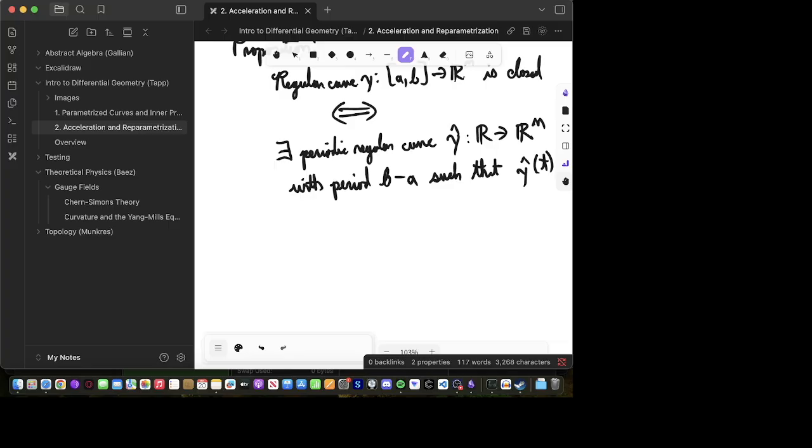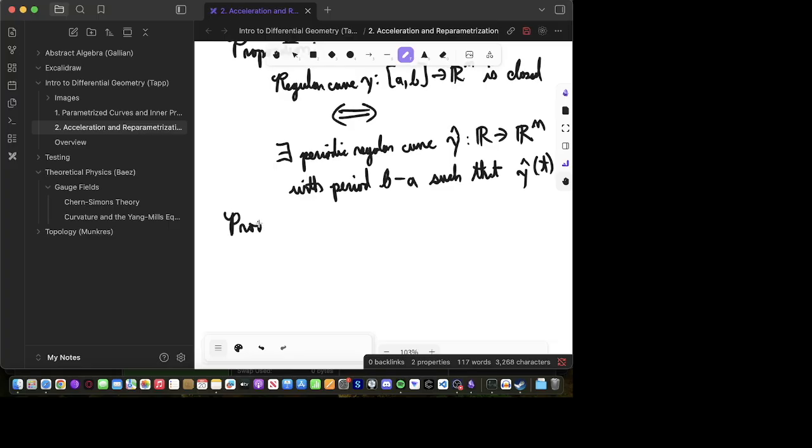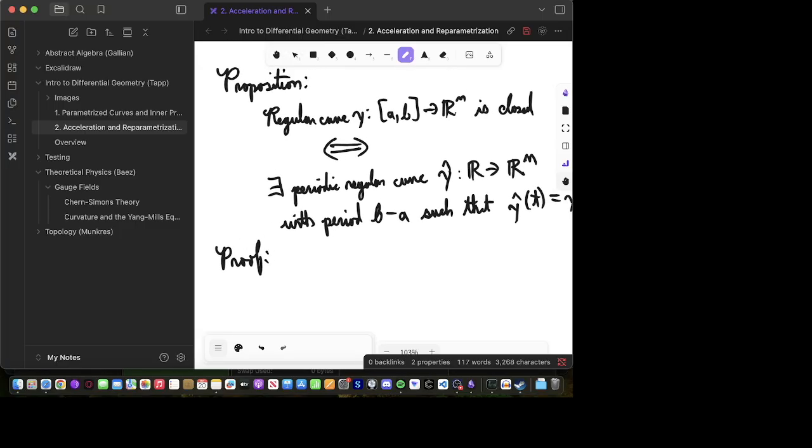So let's prove this. The proof is not in the book, and I have not prepared a proof, so I'm going to be doing this right now as we speak. So let's see what I can do. Let's start by assuming that we have a regular curve that's closed, and then let's move to showing that there exists a periodic regular curve.